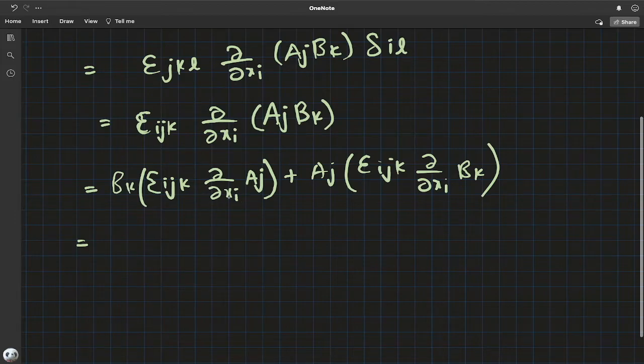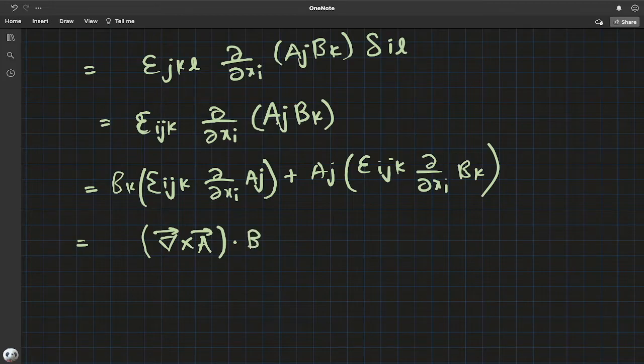So notice what this becomes. This just becomes the curl of A. You can check this on a piece of paper if you want, but dotted with B, because there's no basis vector dependency here, because it just got dotted with the B. And also notice that there's a bk, so this k and then this k. So you kind of notice this pattern.